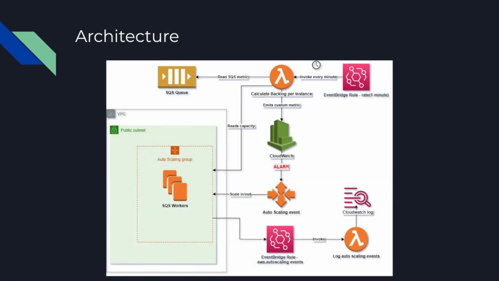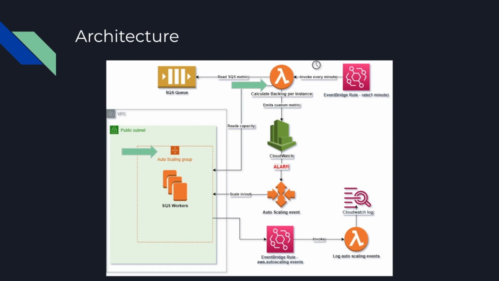The following diagram illustrates the architecture of this configuration. There are 4 main parts to this configuration. The first one is an auto-scaling group which manages EC2 instances for the purpose of processing messages from an SQS queue. The second is the calculate backlog per instance lambda function that runs every minute.